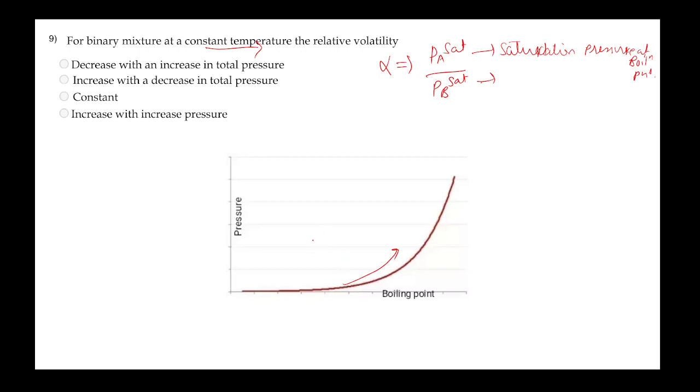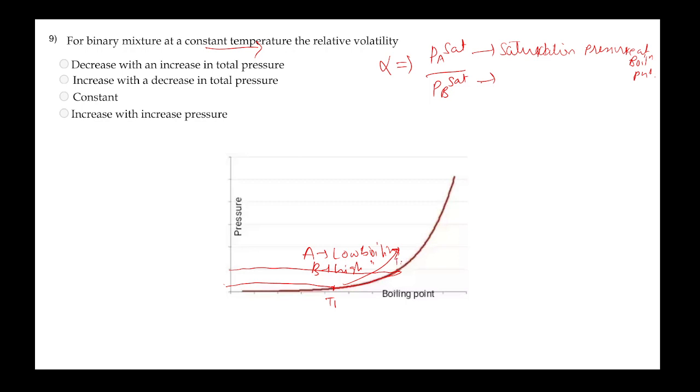Now in the mixture there will be A, which is low boiling, and B, which is high boiling. If you increase the pressure, let's say from P1 to P2, then the change in boiling point for component A, from TA1 to TA2, is this much.